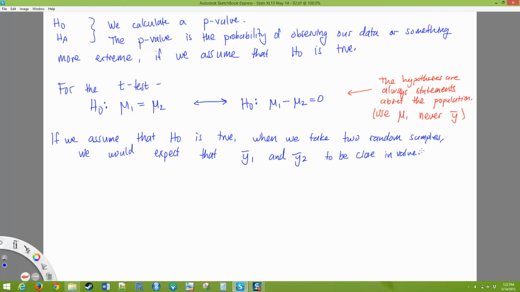Okay? So anyway, going back to this, just for all t-tests, we would expect that y bar 1 and y bar 2 to be close in value. Okay? But only on very rare occasions would y bar 1 and y bar 2 actually be equal to one another.